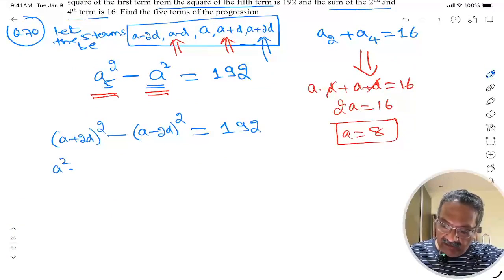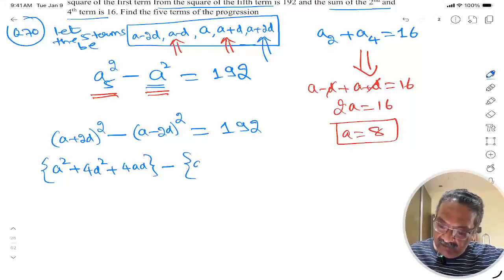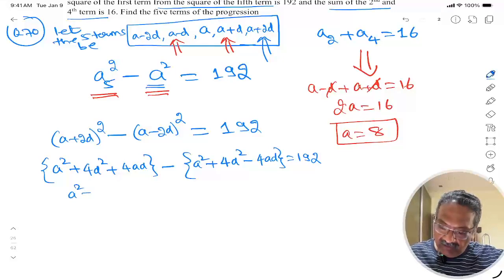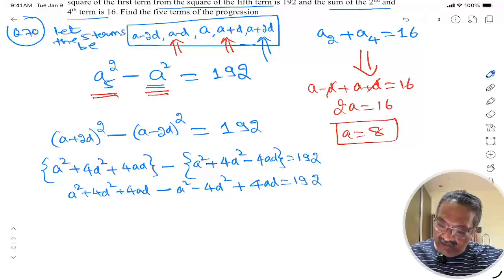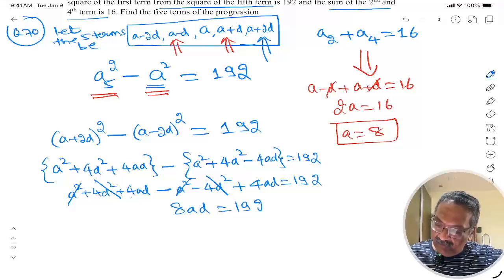This will be a square plus 4d square plus 4ad, minus a square plus 4d square minus 4ad, is equal to 192. Minus into minus is plus 4ad. A square cancels, 4d square cancels. So 4 plus 4, 8ad is equal to 192.